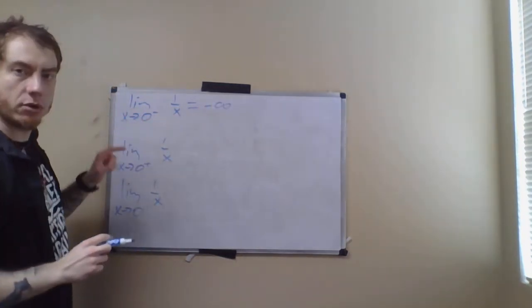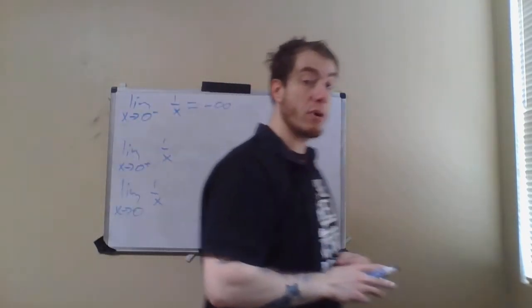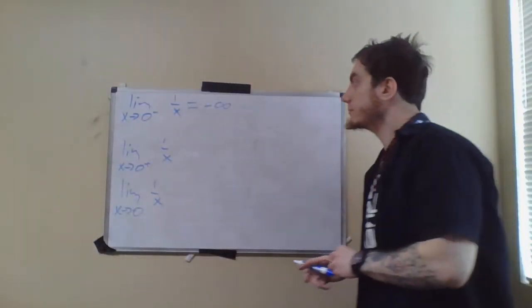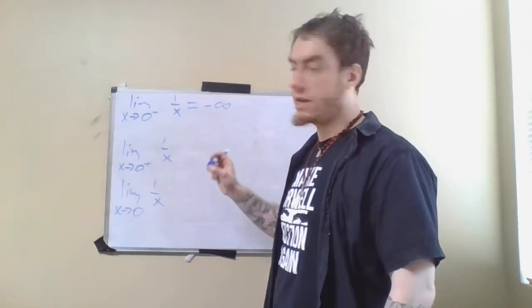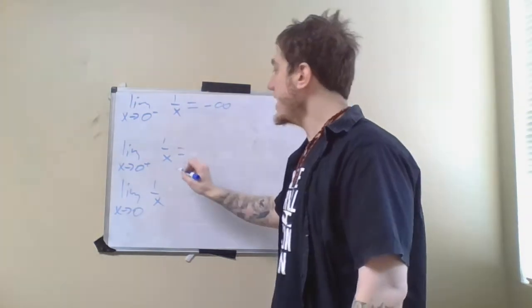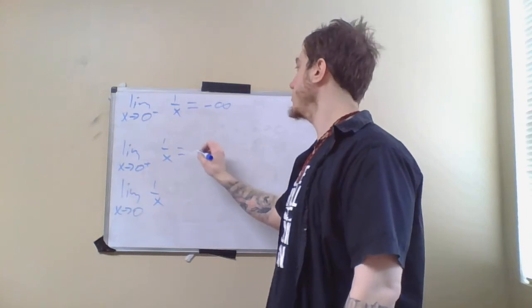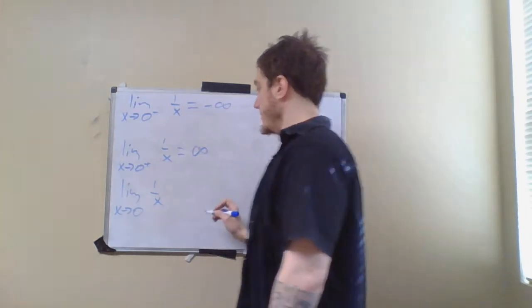Because I do have a vertical asymptote here, it is blowing up, but it's negative. On the right-hand side, we are positive, so we must be blowing up to positive infinity.